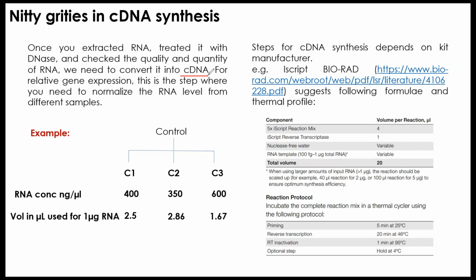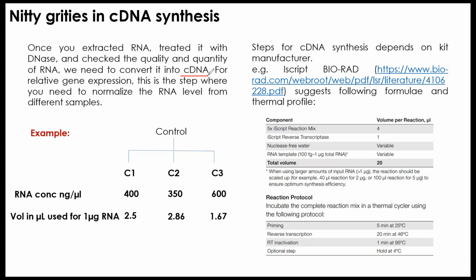So for that, you have to normalize it and then take the equal amount of RNA from each of the samples. So for example, here for C1, if the concentration is 400 nanogram per microliter, then for 1 microgram RNA, you will take 2.5 microliter, right? Similarly, for C2, if the concentration is 350, then you should take 2.86 microliter of RNA.